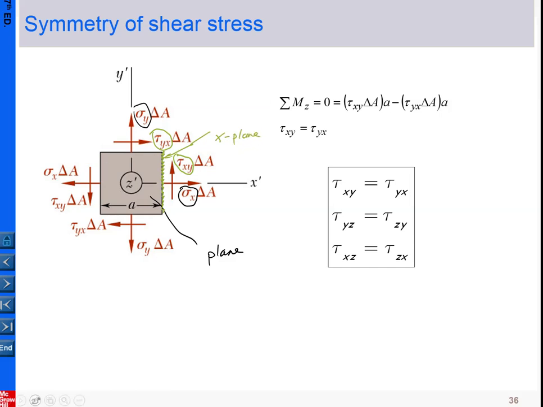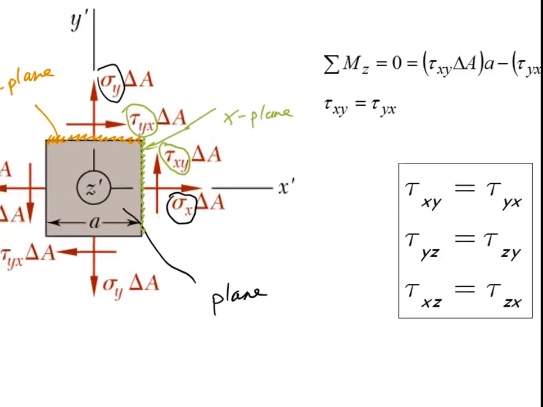This plane has a normal in the y direction, so that's what I call the y plane. The shear stress on the y plane pointing to the x direction is tau yx. The shear stress in the x plane pointing to the y direction is this one.